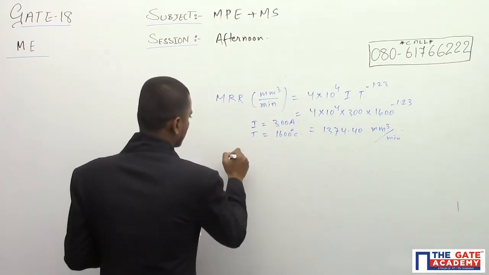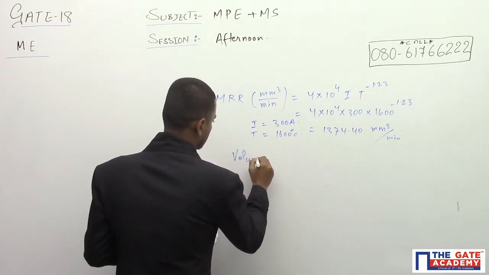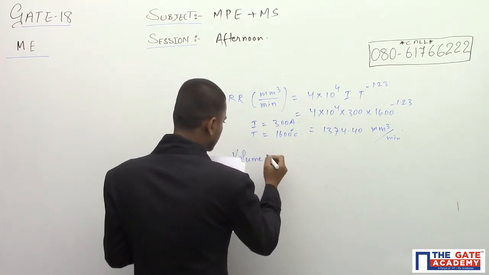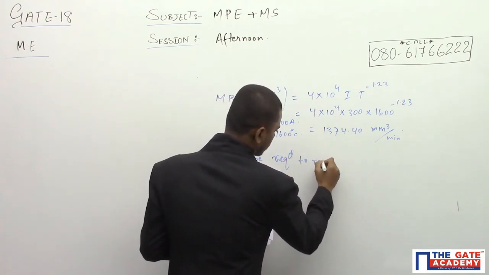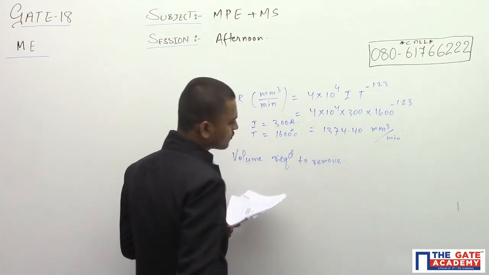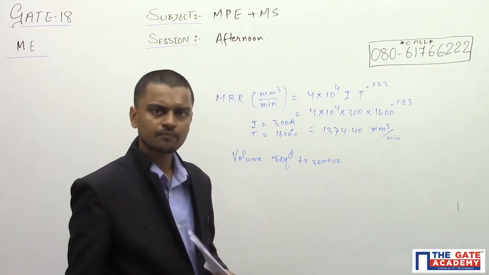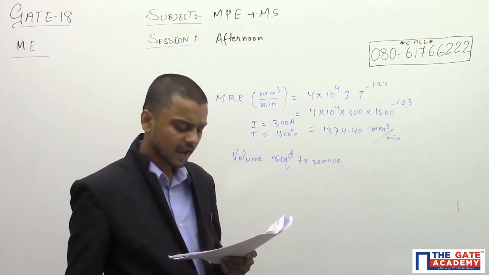Now the volume which is required to remove. In this case we have to drill a circular hole of 25 mm diameter and 20 mm depth.